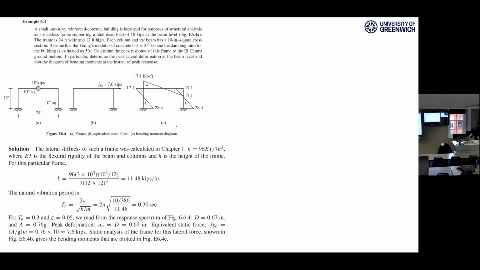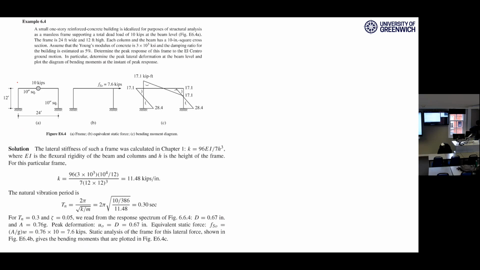This is a 1-story building. Reinforced concrete building is idealized for purposes of structural analysis as a massless frame supporting a total dead load of 10 kips at the beam level. Okay.